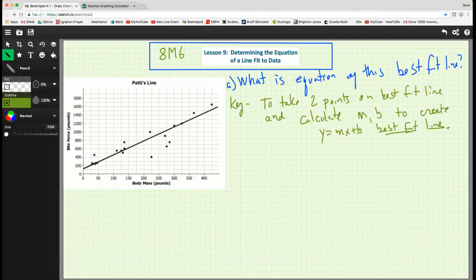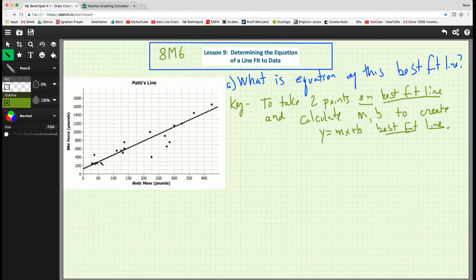Okay, so here's how we do it. We're going to take 2 points on the best fit line. That doesn't mean take this point and this point. It means we find 2 places on this line. Now what I'm going to do is find 2 points that look pretty good, that are far apart. So look at this.